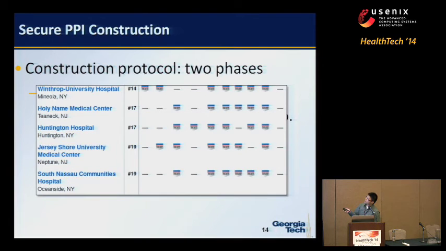The yellow one is nationally ranked. The silver one is high performing, and the dash just says this hospital does not have the corresponding specialty. And using this data, we can cluster different hospitals into different groups with the diversity goal achieved.